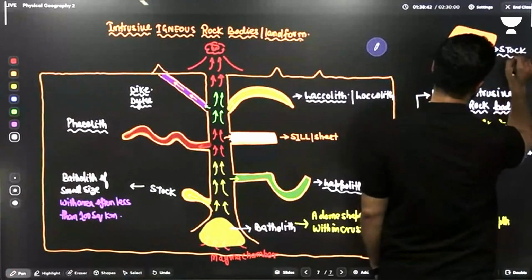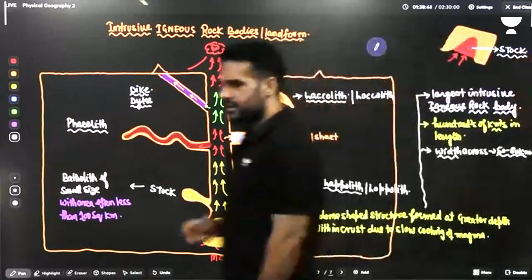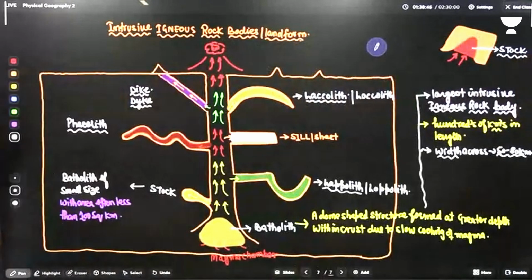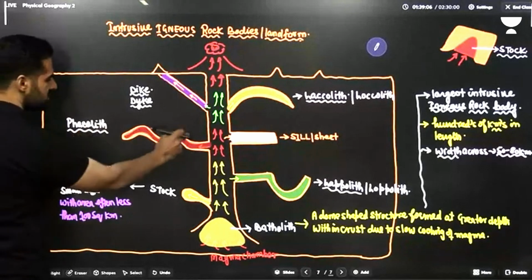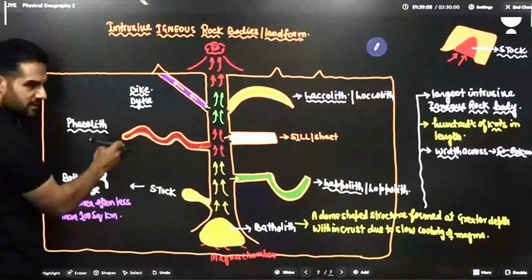So geologists said anywhere where this magma get trapped in the rock and further is not able to proceed and solidifies there over the period of time, if its shape is in a dome-like structure but its area less than 100 square kilometer, what we call it as stock. Hope it is clear. Okay. Phacolith. What is this shape giving rise to? Wave-like.